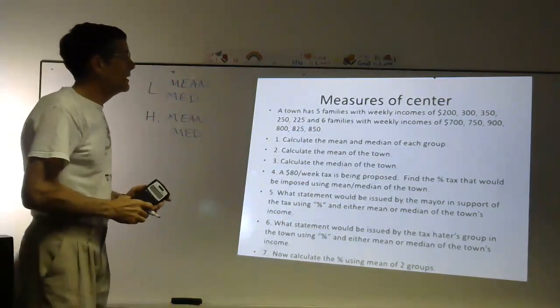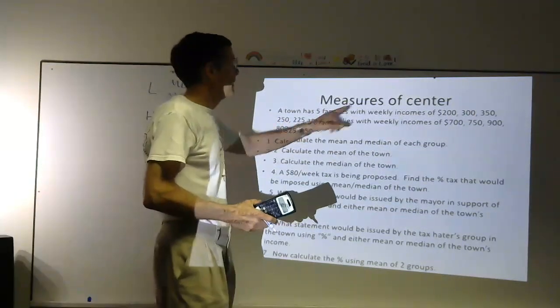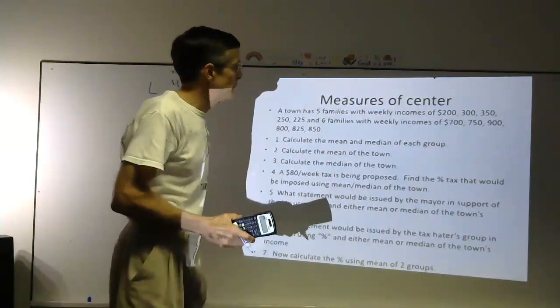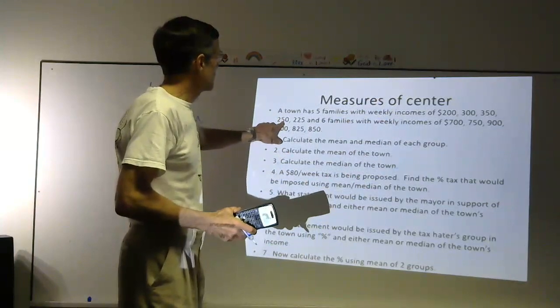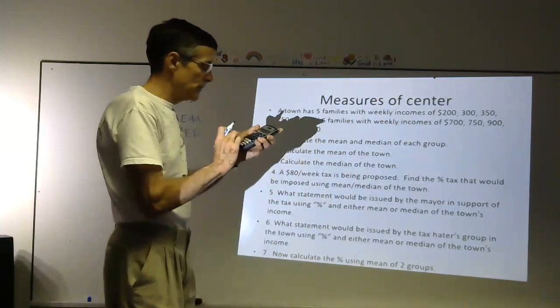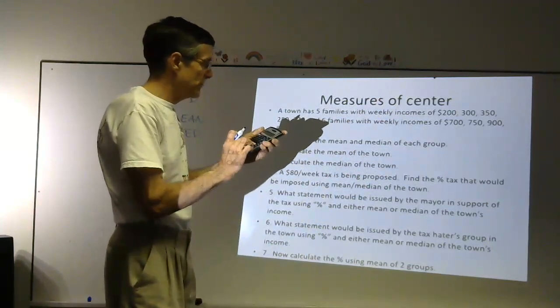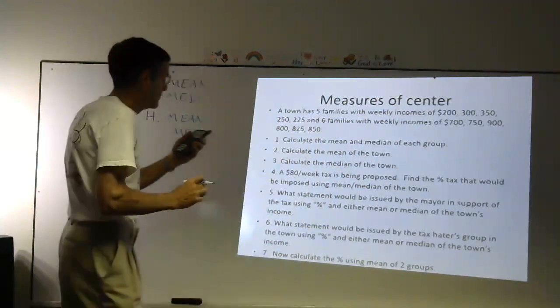Now the mean, I've got to add these up and divide by 5. So it would be 500, 850, 1,100, 1,325.